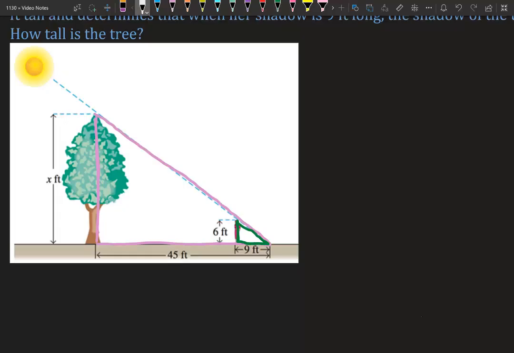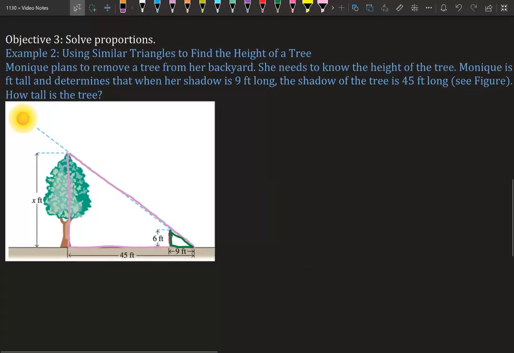So what we want always goes on top, no matter what. Because we're setting up a proportion, we know this is a proportion because we're comparing the height of something to the height of someone. So what we want always goes on top. We want to know how tall the tree is. That's the height of the tree.